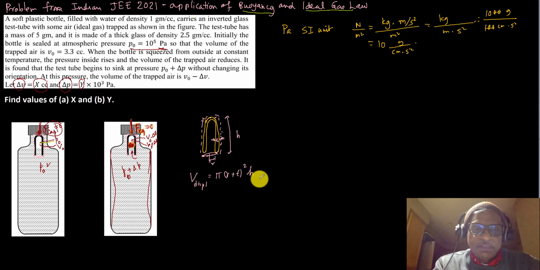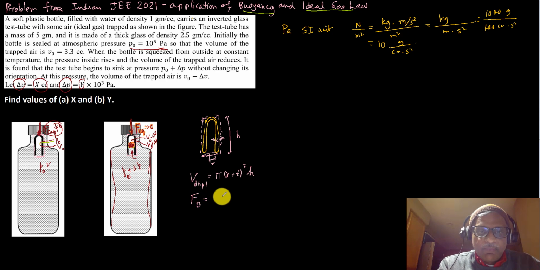That's the displaced volume. And so the buoyancy will be the same in both situations. It's going to be the volume displaced times rho of water times g. So this is the buoyancy force.